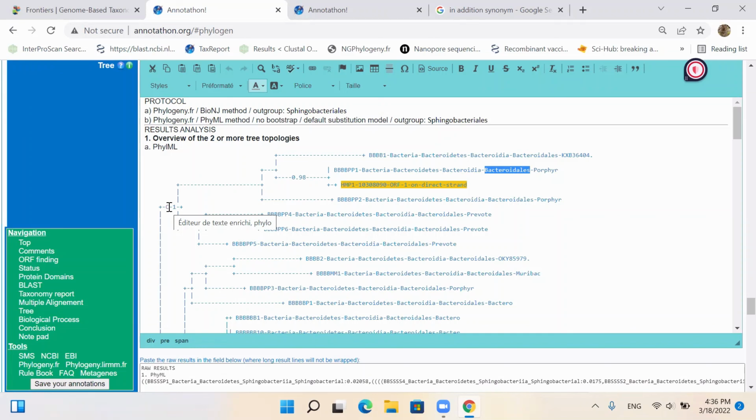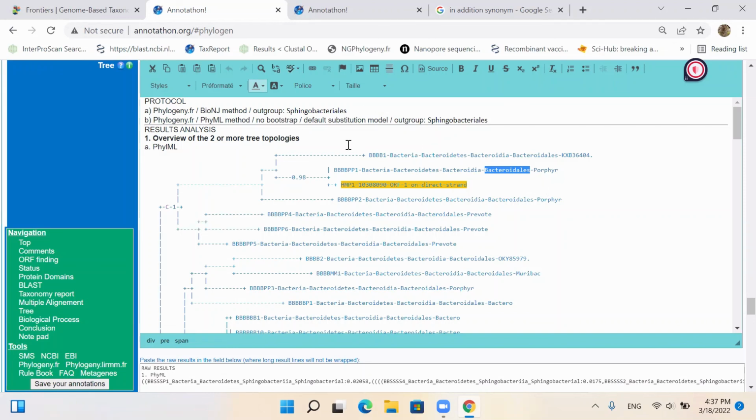So it means that your fragment belongs to the Bacteroidales, but you cannot say that your fragment belongs to a Porphyromonas or something. Because to say that, you should make the same analysis but at the genus level. You see what I mean? Yes, I understand. But you can say that the closest member of your strain is that one, if you go up a little bit.